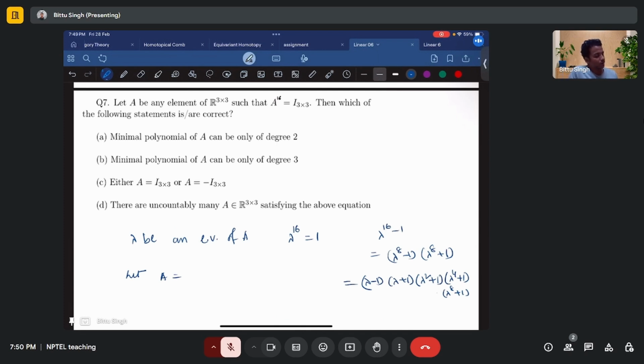Now we need to produce a counter example. Again, we have already constructed. For example, A is a 3 by 3 matrix. That is a restriction. So let us consider this thing. A to the power 16 must be identity.